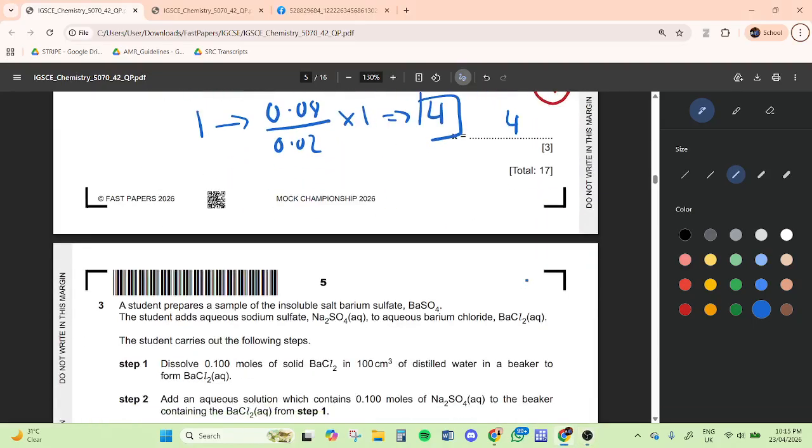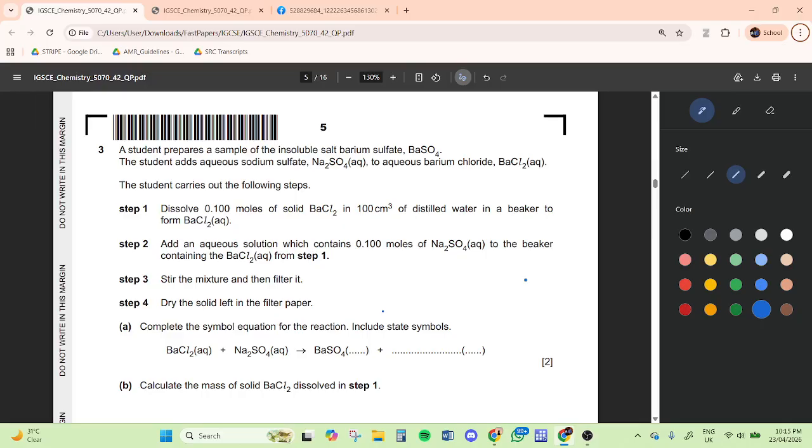All right, so let's move on to question number 3. A student prepares a sample of the insoluble salt barium sulfate. So this is important to note, it says insoluble. The student adds aqueous sodium sulfate to aqueous barium chloride. The student carries out the following steps. Dissolve 0.1 moles of solid barium chloride in 100 cm cubed of distilled water in a beaker to form aqueous barium chloride.